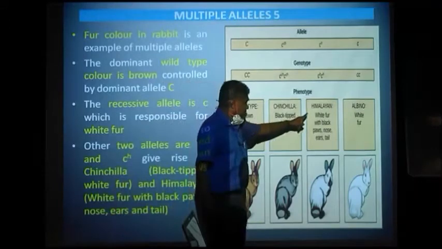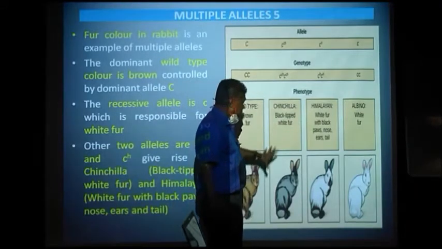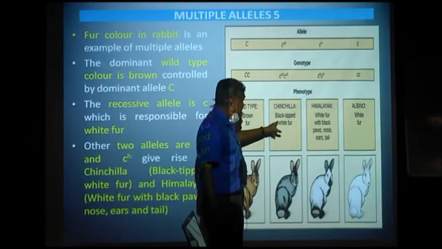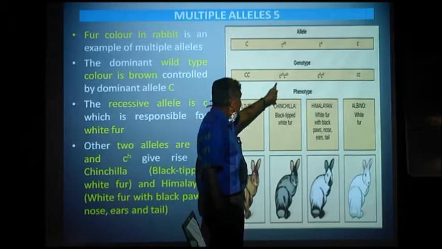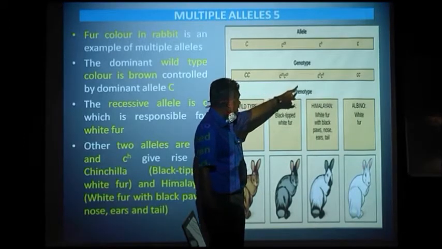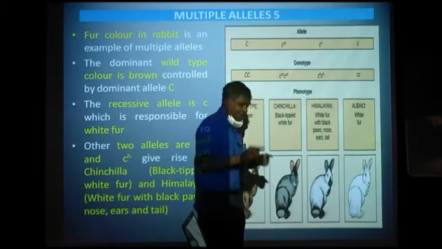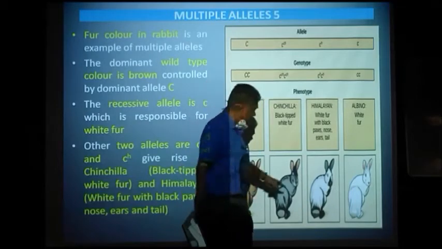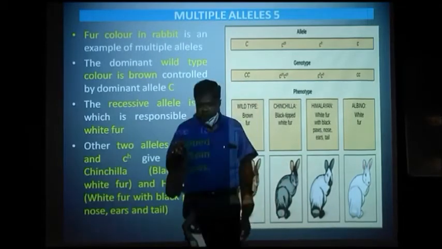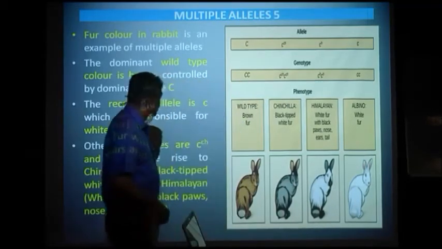Chinchilla and Himalayan are conditions where there are mutations. Chinchilla is small c^ch, small c^ch, and Himalayan is small c^h. And these 2 have either the tips black or different portions have black color.